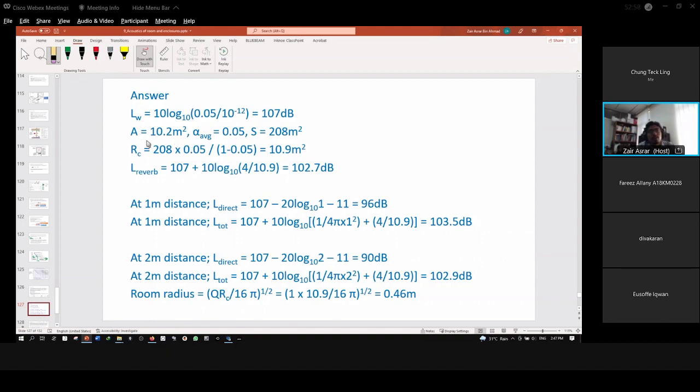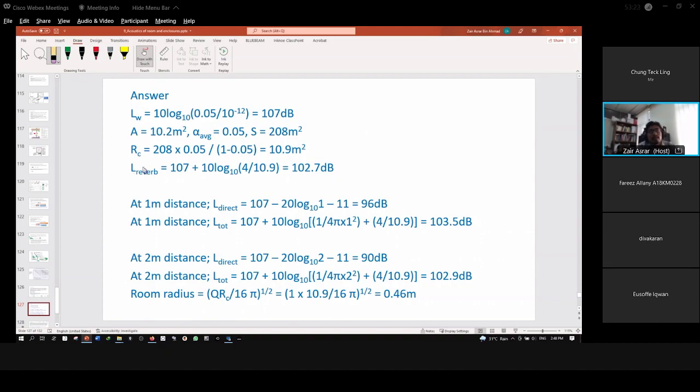Sorry, this A is not area, it is absorption, equal to 10.2. Alpha, the average absorption coefficient, equals 0.05, and the surface area equals 208 meter square. So our room constant is equal to the surface area 208 times the average absorption coefficient divided by 1 minus the average absorption coefficient. So we have 10.9 meter square.